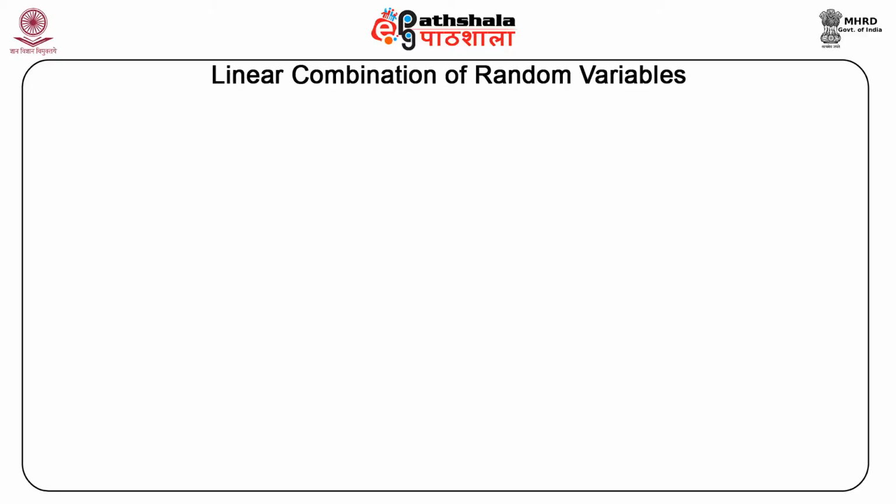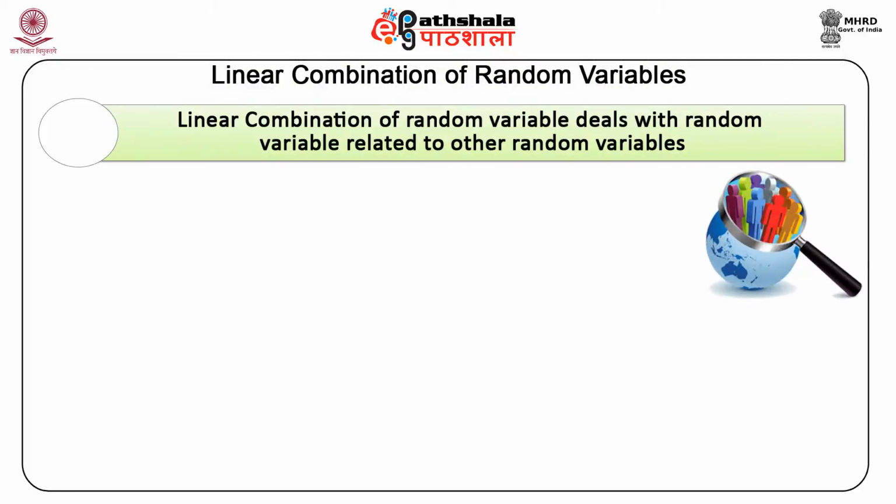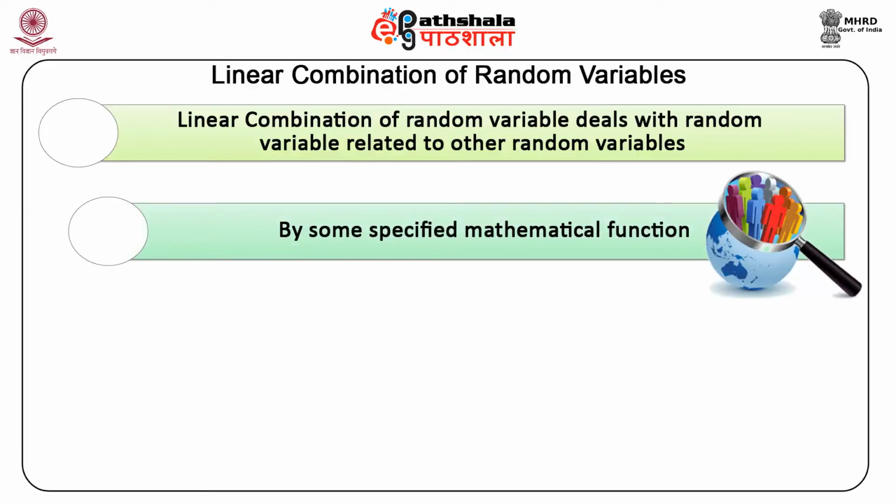Finally, we will discuss linear combination of random variables. Linear combination of random variables often deals with random variables which are related to other random variables by some specified mathematical function.